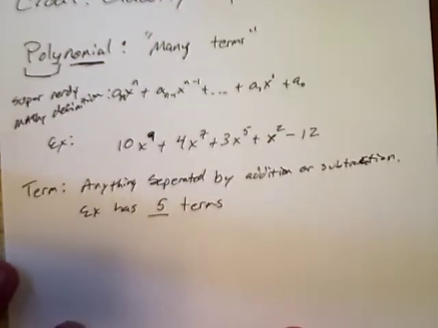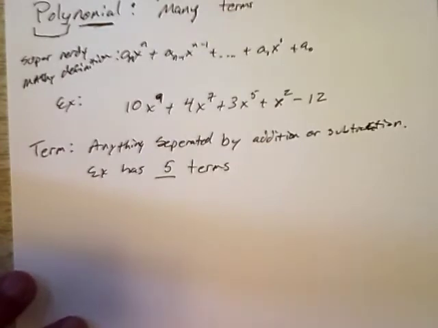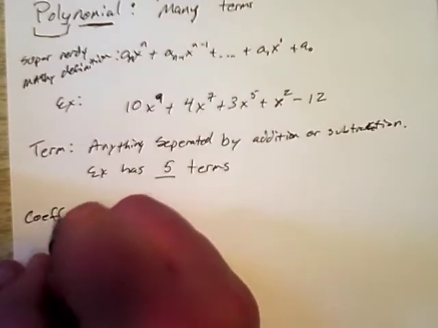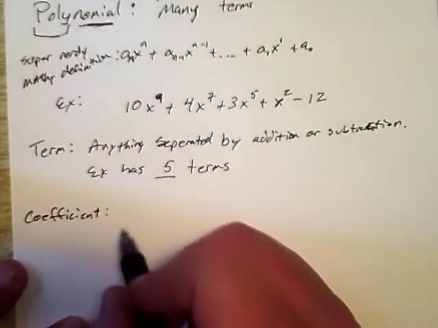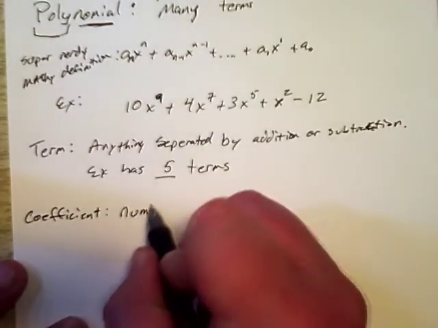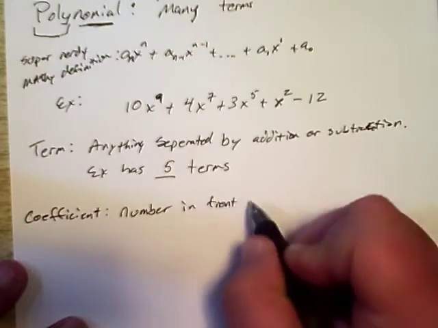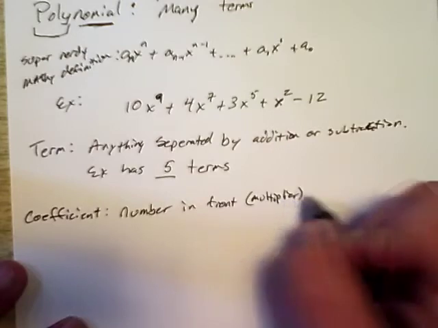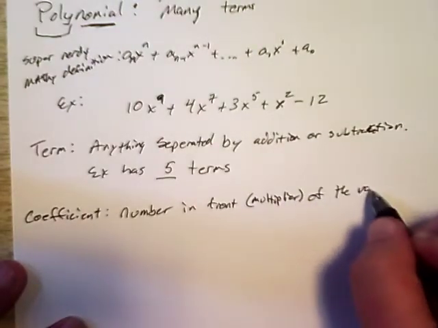The next vocabulary word that we really need to know is what's called a coefficient. And this is the number in front. Remember, this is a multiplier. The number in front of the variable.